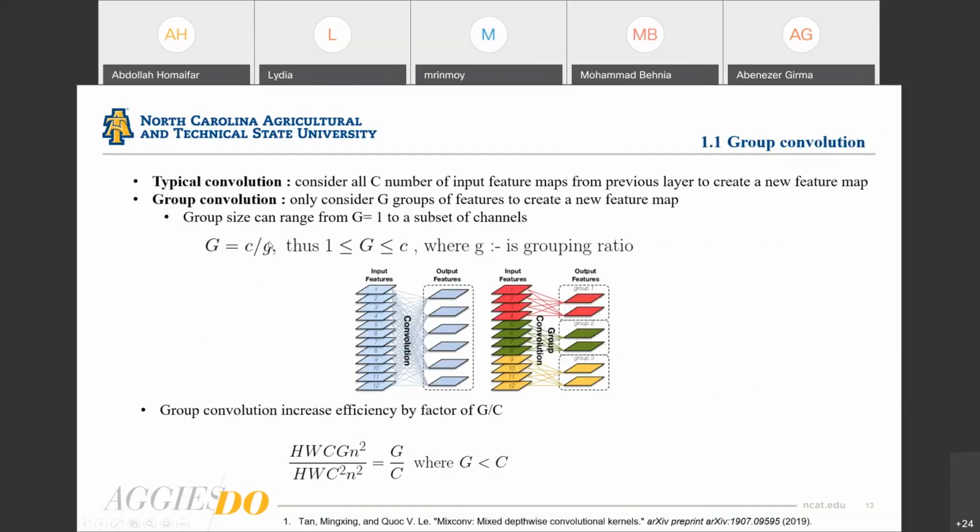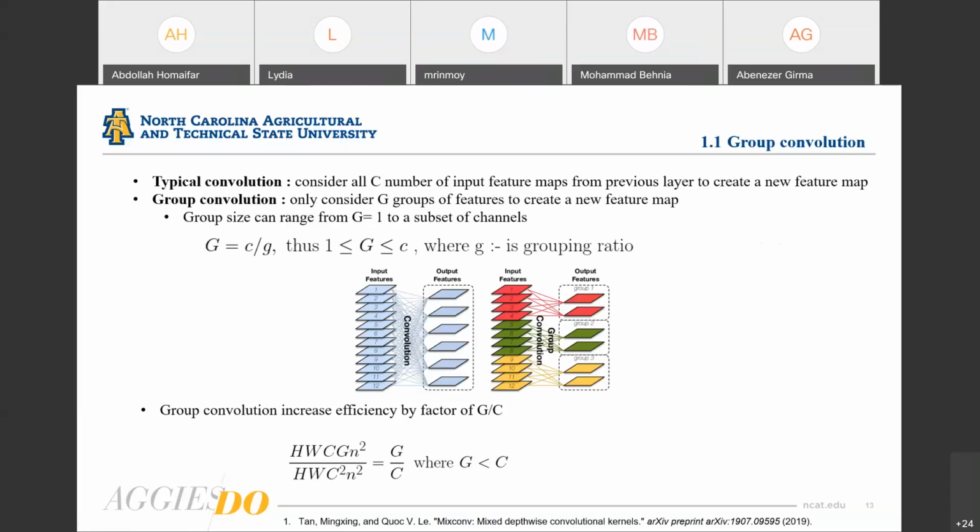Group convolution can be easily represented in this image. What makes group convolution different from typical convolution is that in typical convolution, as shown here in the first picture, to create a feature map, you have to consider all input feature maps in the convolutional operation. For instance, in this case, to create this one feature map, you have to use all these 12 feature maps as inputs.